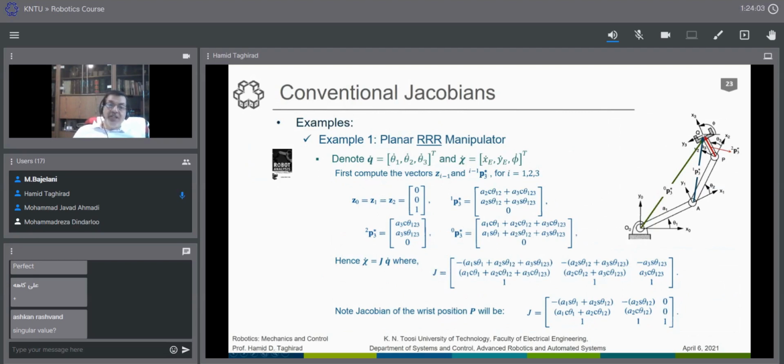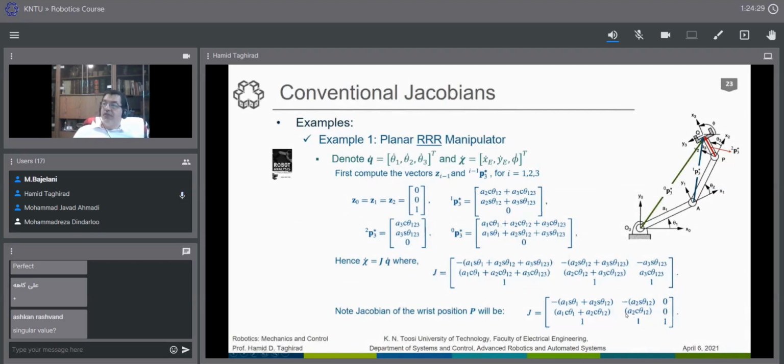We can do the same thing for the wrist frame as well. If the velocity of this point is of our interest, then the last part will be diminished, is not used. We have only a 2R manipulator, and the Jacobian will be reduced to something very similar to this, but theta 3 will be out of the frame and out of the question.